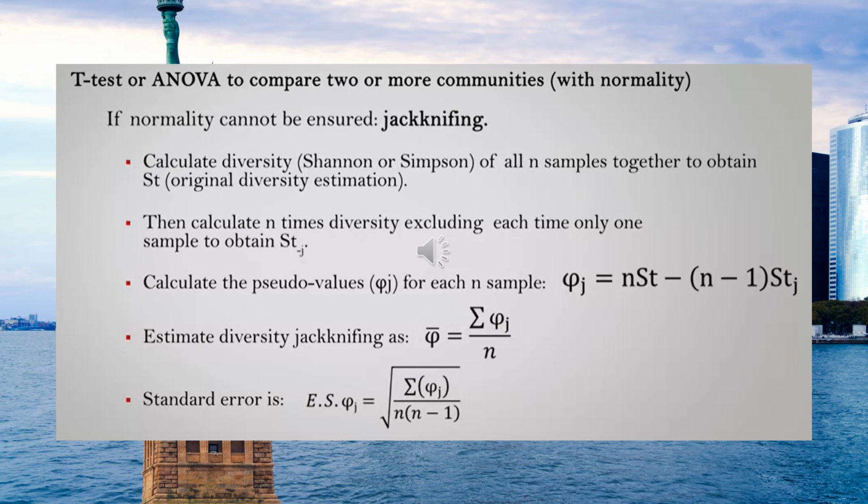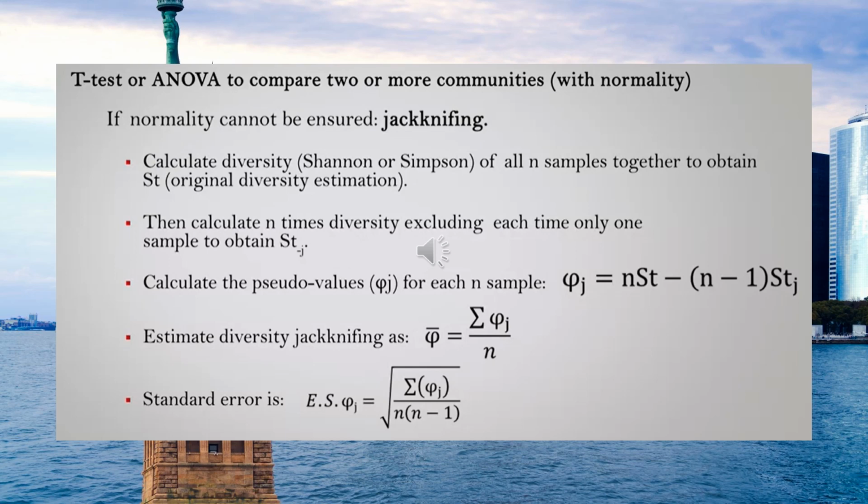Then we calculate the set of pseudo values for each of the n samples, that is n times S minus (n minus 1) times S minus j, or S minus i, depending on your sample.